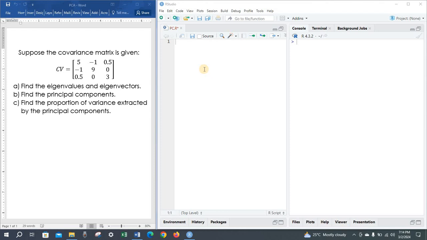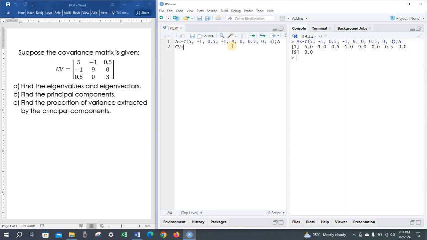First of all, declare a vector of the elements of the covariance matrix as A. Run it. Now make it a matrix.